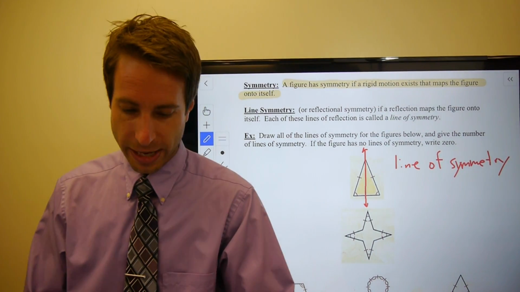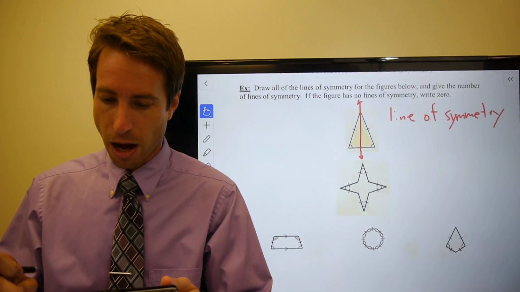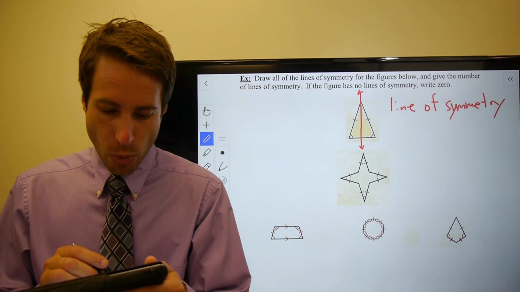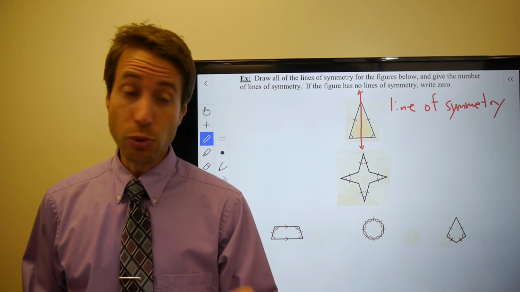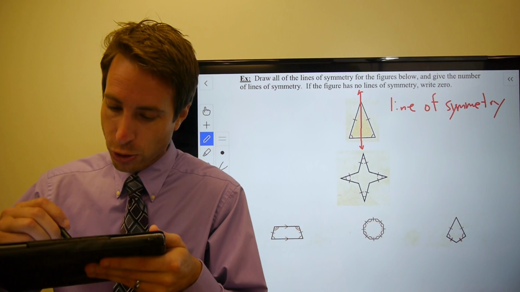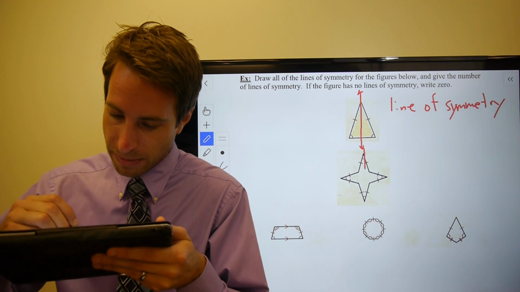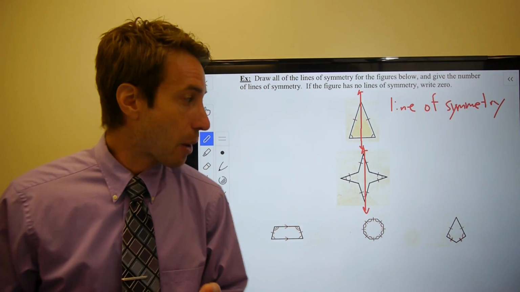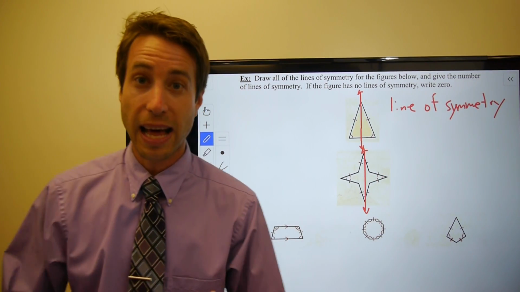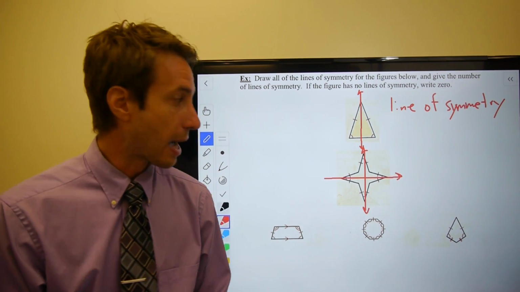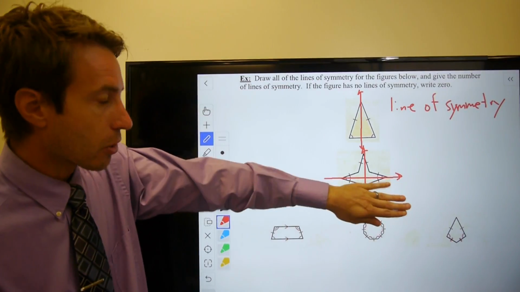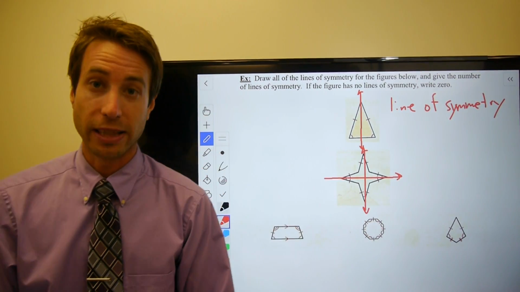So let's do a couple more here. Lines of reflection. Do we have any? If I take a look at this object, hopefully you'll recognize a few lines of reflection. I could simply divide this right down the middle vertically, and it would fold over and lie directly on top of itself. But that's not the only one. I have a horizontal line of reflection where I fold the top down onto the bottom, and it would lie directly on top of itself.